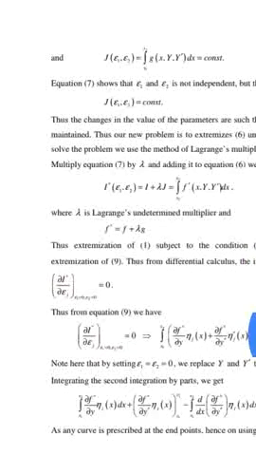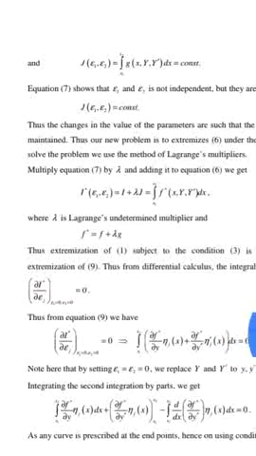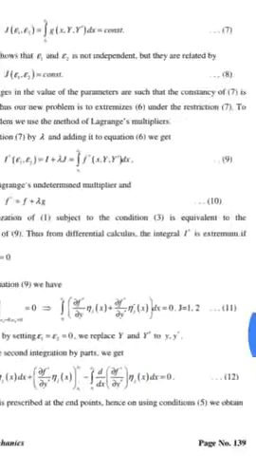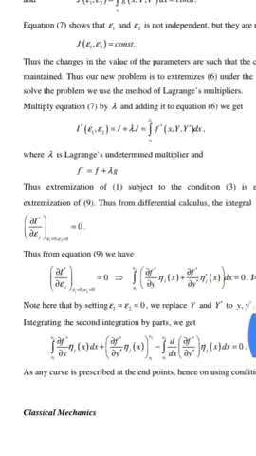Now see here, where lambda is a Lagrange's undetermined multiplier. Therefore, f star is equal to f plus lambda g. The extremization of 1 subject to the condition 3 is equivalent to the extremization of 9.